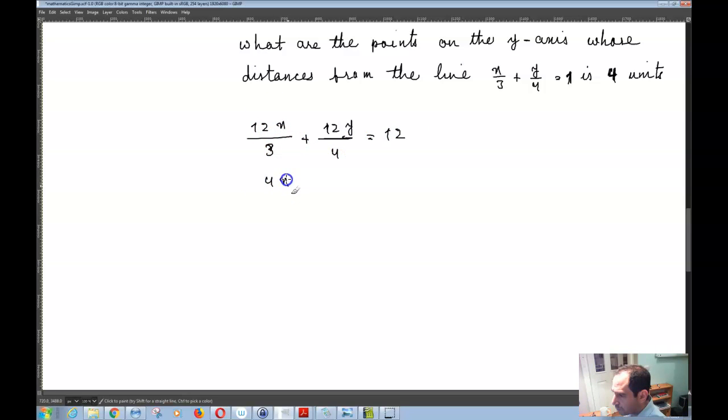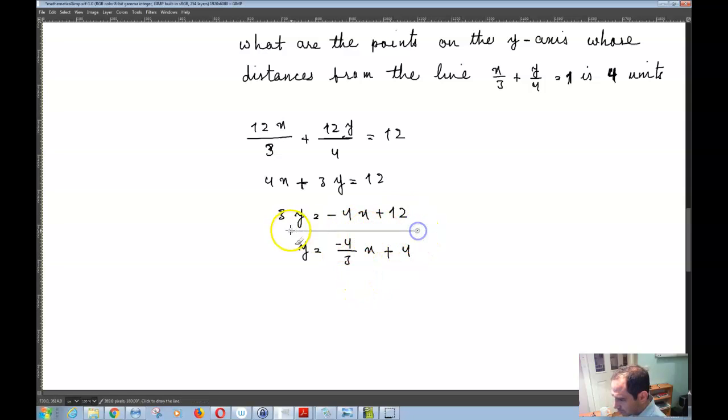And that is 4x plus 3y is equal to 12. And then you can write 3y is equal to negative 4x plus 12, and y is equal to negative 4/3 x plus 4, since 12 divided by 3 is equal to 4.